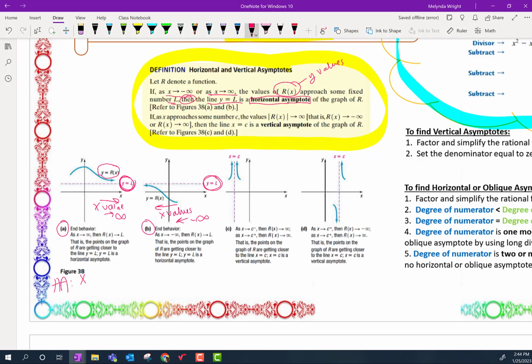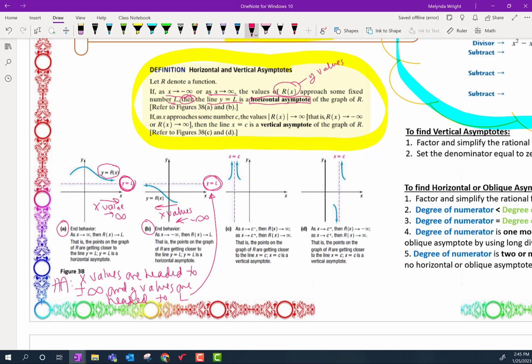That means the x values are headed to positive or negative infinity, and the y values are headed to L. That L that you're seeing right up here. That's an example of L.